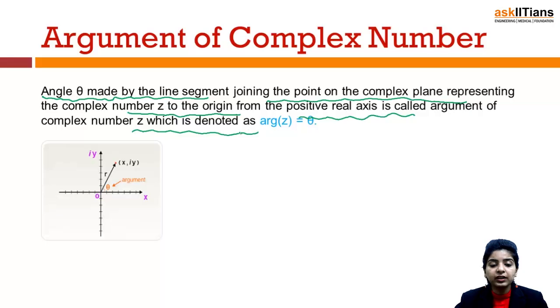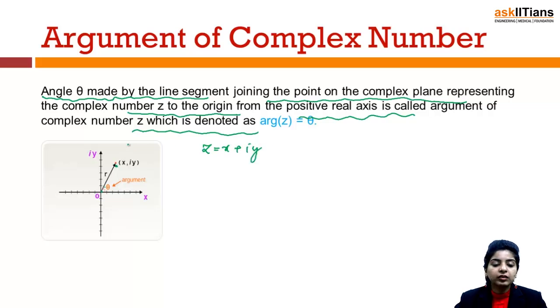So what is it saying? That the angle theta made by the line segment joining the point on the complex plane representing the complex number z to the origin from the positive real axis. You can see in this figure, this is x plus iota y. Suppose we have a complex number z is x plus iota y.